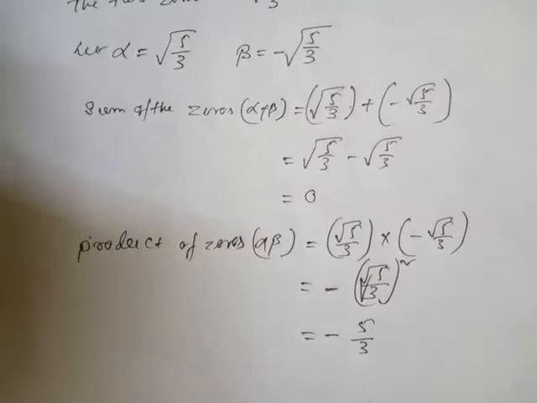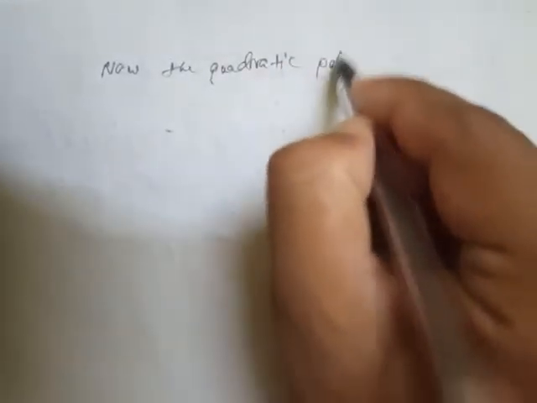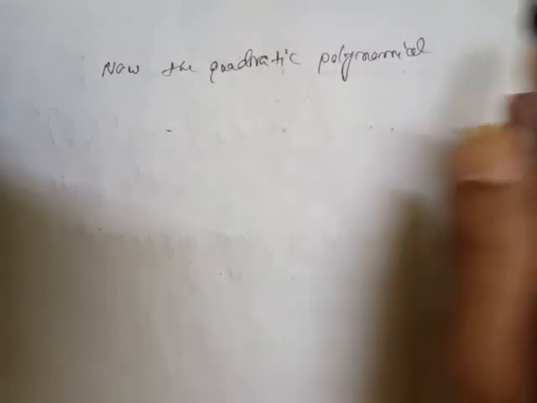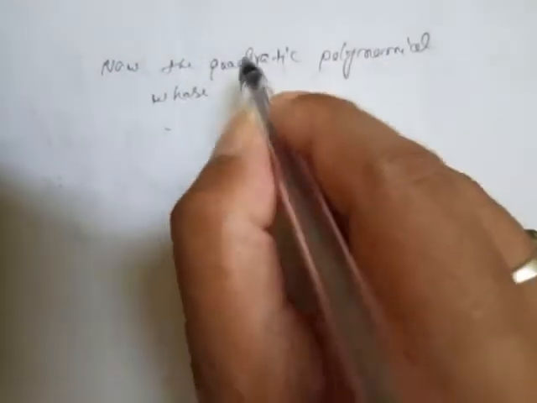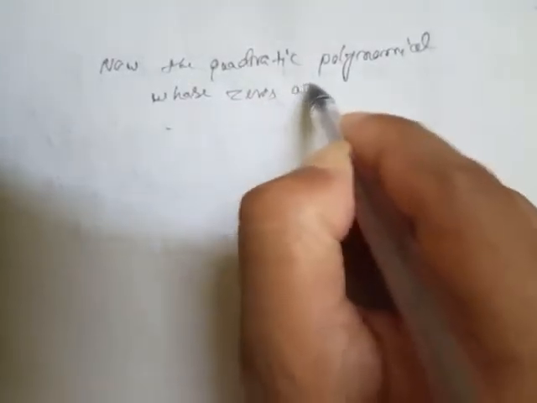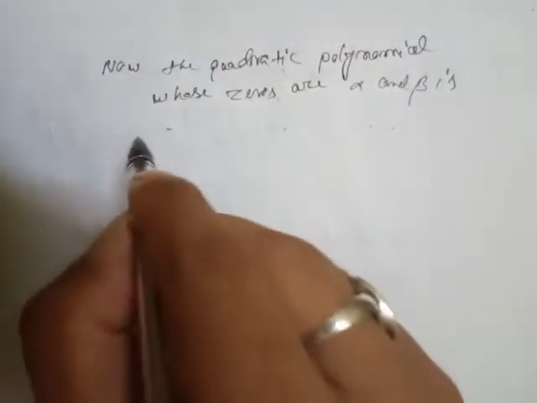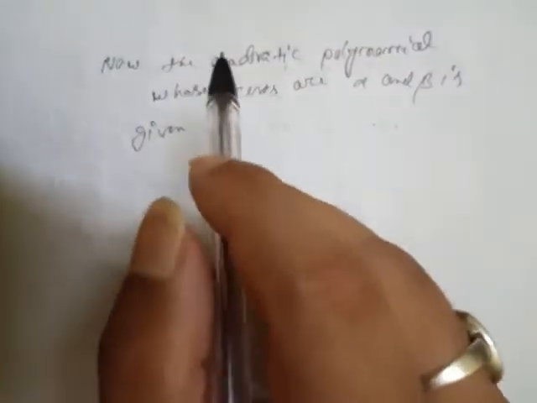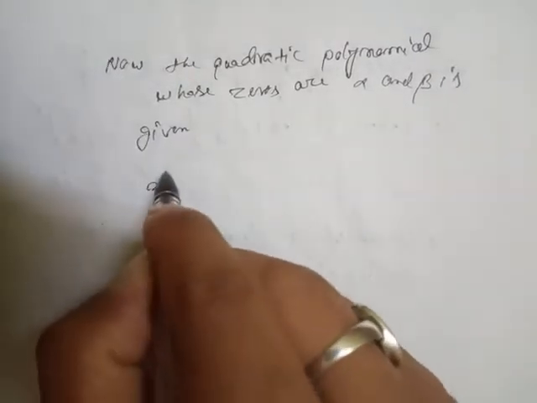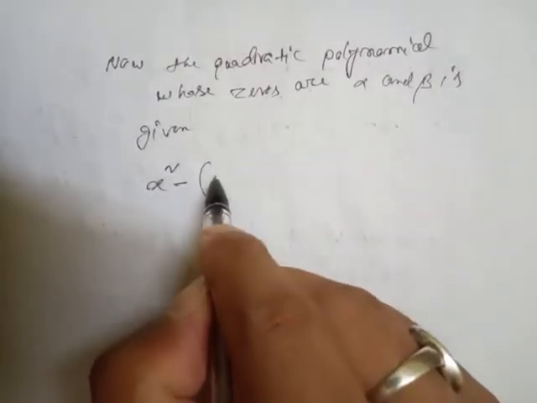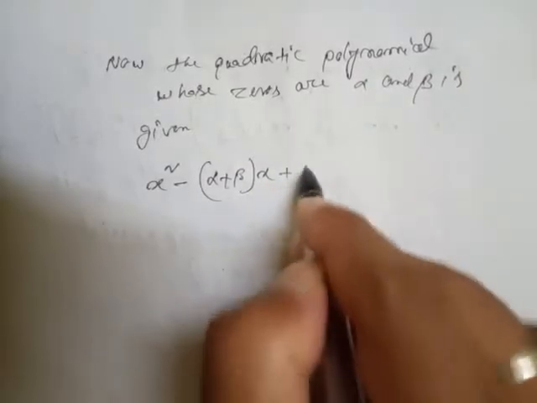Now student, the quadratic polynomial whose zeros are alpha and beta is given, then we can write here that the standard form of the quadratic polynomial is x square minus (alpha plus beta) into x plus alpha into beta.